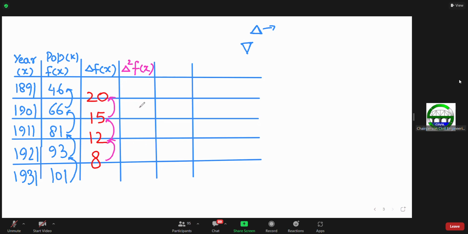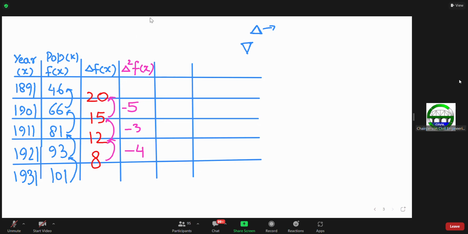Again, please write it in the center. So 15 minus 20 is equal to minus 5. 12 minus 15 is equal to minus 3. And 8 minus 12 is equal to minus 4.